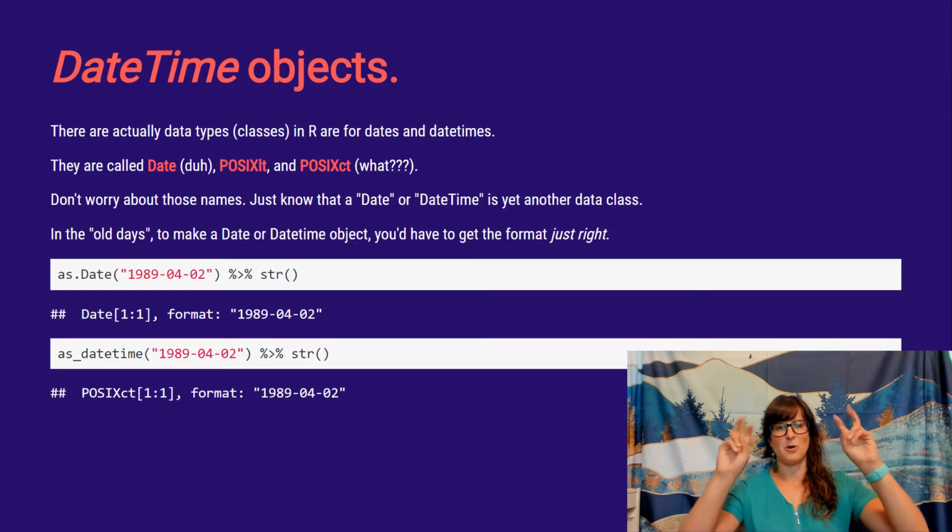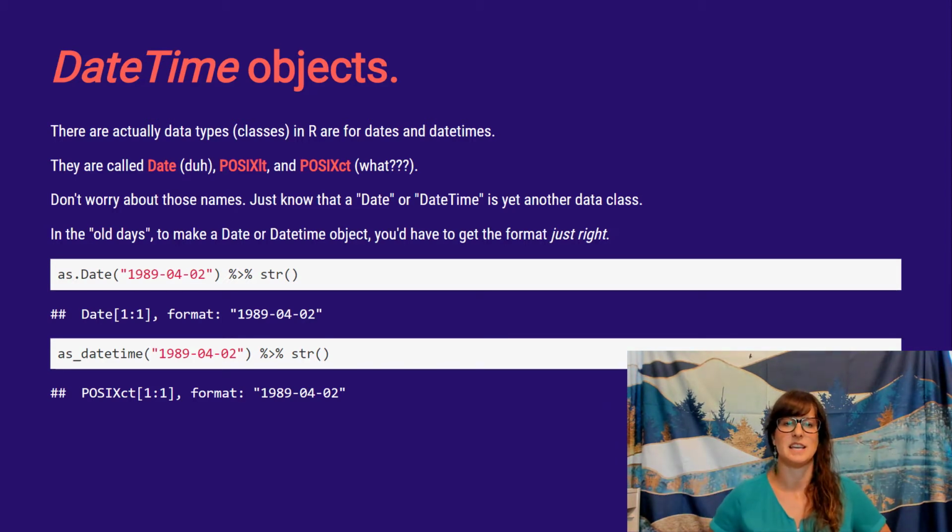And so back in the old days, so to speak, the pre-lubridate days, the way that you'd take a string or take some data and convert it to be understood as a DateTime object, you'd have to get the formatting just right. So if you had your data in your data set in this particular form, 1989-04-02, we can see that if I run as.Date, that function, on a string of this form, then R understands that this is a DateTime object.